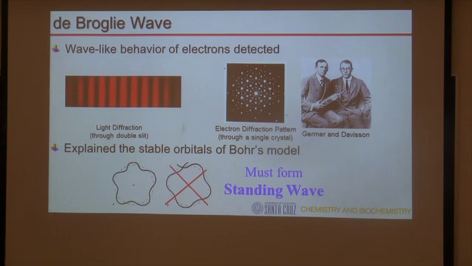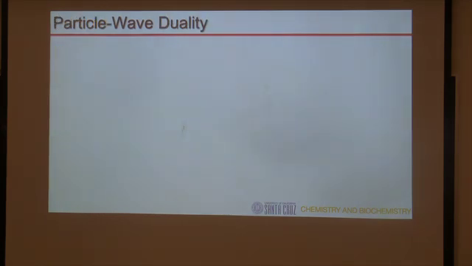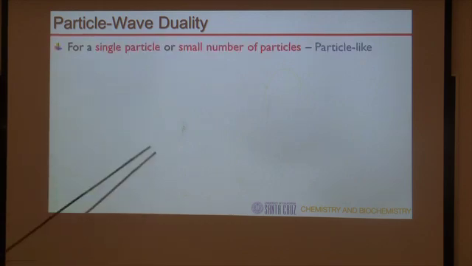Any questions about de Broglie wave theory? Again, particle-wave duality. How can we interpret it? It gives you a statistical understanding. For a single particle or a small number of particles, matter exhibits particle-like behavior. So 1 electron, 2 electrons, 3 electrons, 100 electrons are most likely like particles. But when you talk about a large number of particles, they behave like a wave.